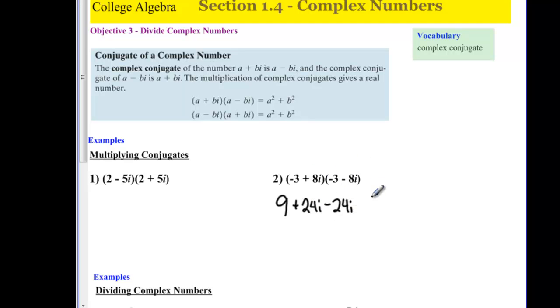And then 8i times negative 8i. Yeah. So negative 64i squared or minus 64i squared. Same thing. So this is the guy to pay attention to, and these two canceled. So we end up with 9, and then the minus 64 times negative 1, which is the same thing as 9 plus 64, so you ended up with?